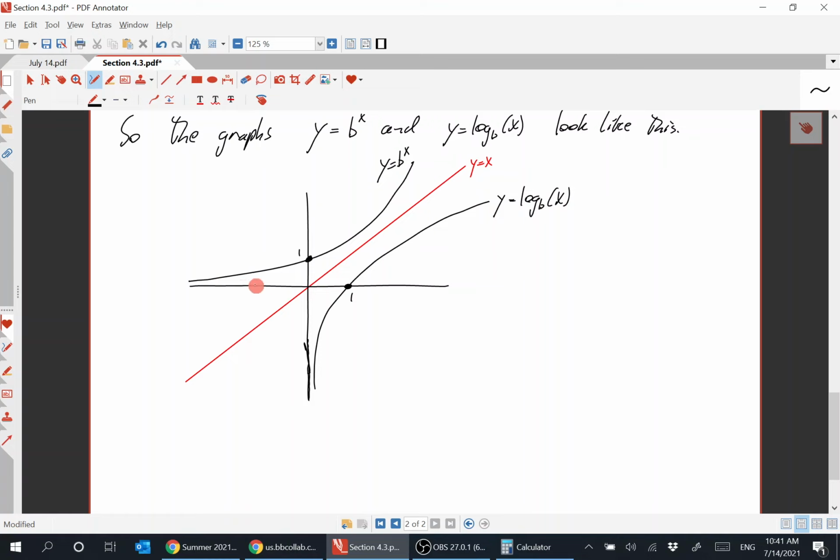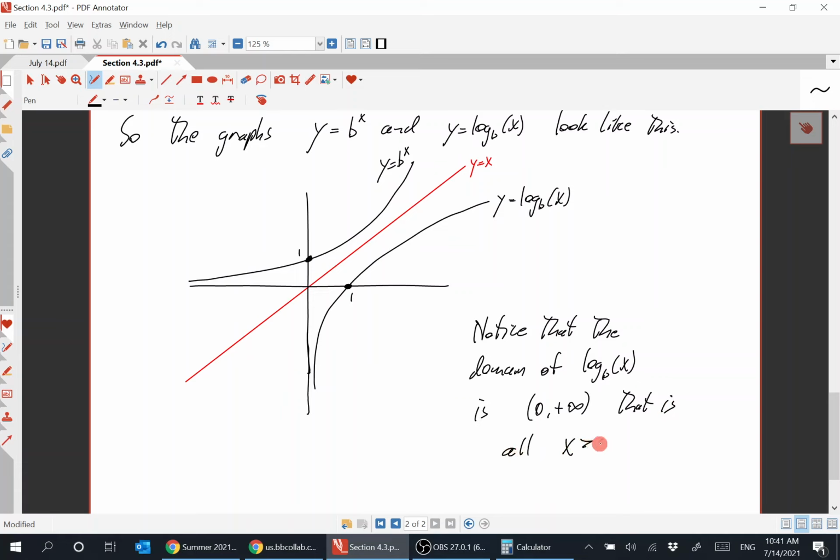This one has the negative x-axis as a horizontal asymptote, so the log function has the negative y-axis as a vertical asymptote. So notice that the domain of the log base b of x is 0 to plus infinity. That is, all x bigger than 0.